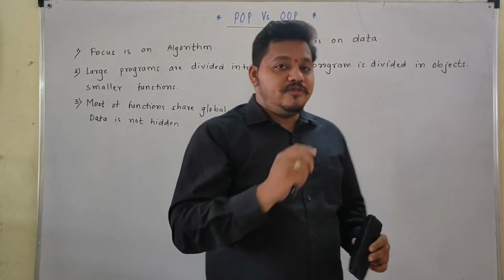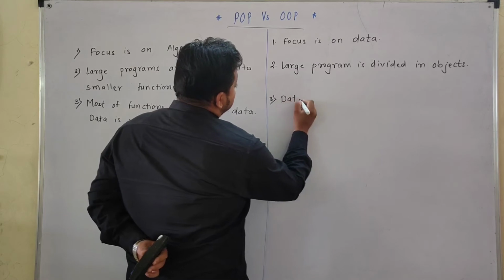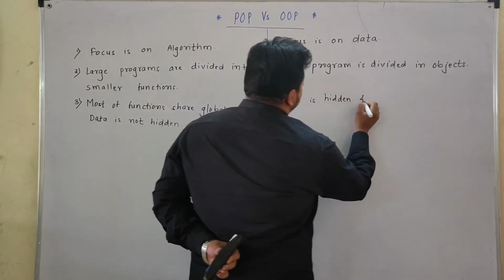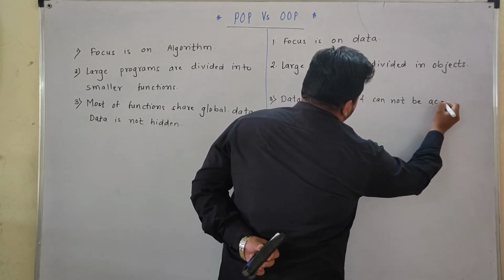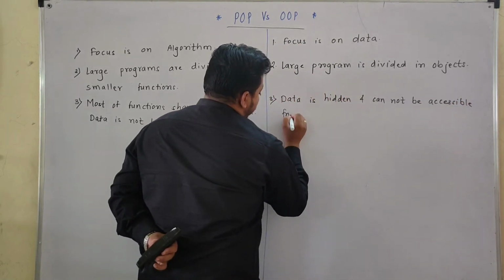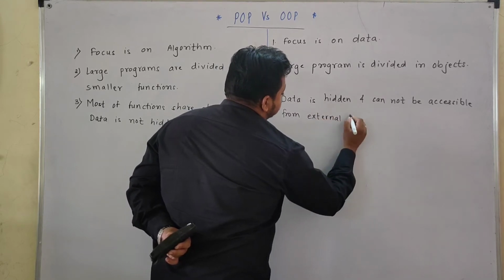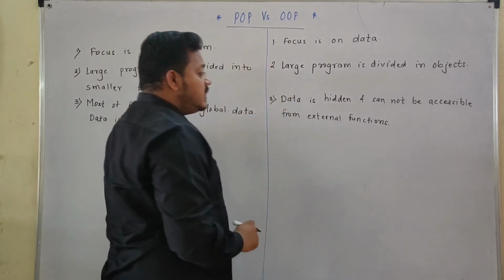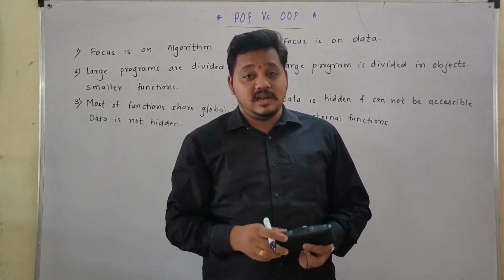But in object oriented programming, data is hidden and cannot be accessed from external functions. That means in object-oriented programming, we are going to hide the data.